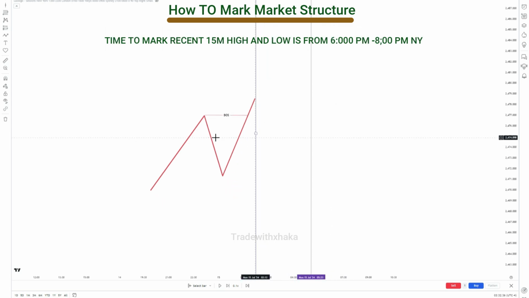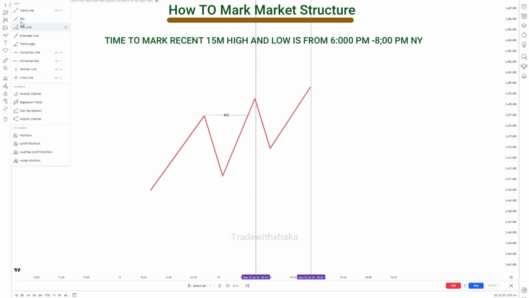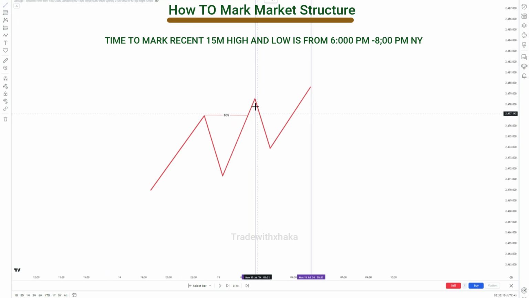New York time. So let's assume you have a breakout structure in the 15 minutes time frame, showing you that the market was in uptrend. You will look for recent highs and lows within this time, from 6 o'clock p.m. to 8 o'clock p.m. Let's take, for instance, this is your recent low and this is your recent high.